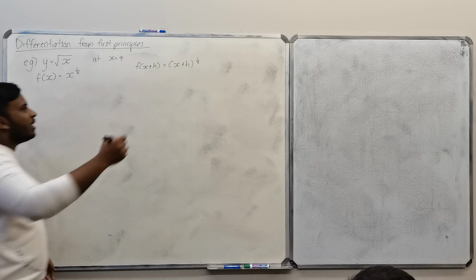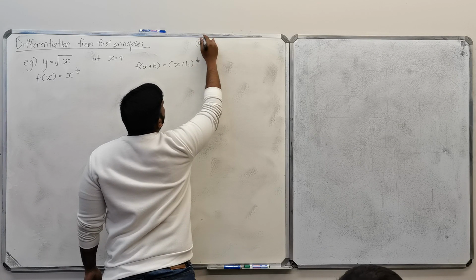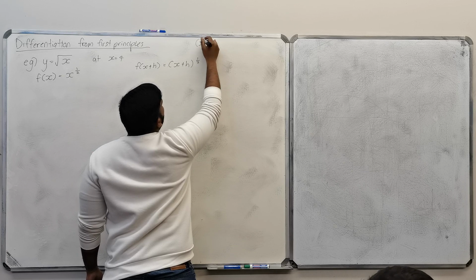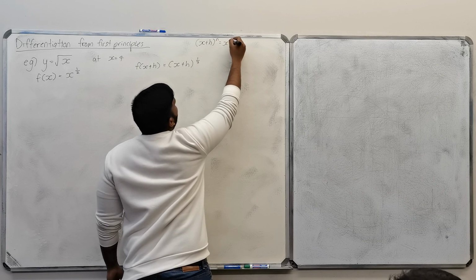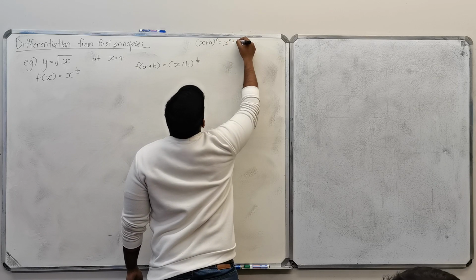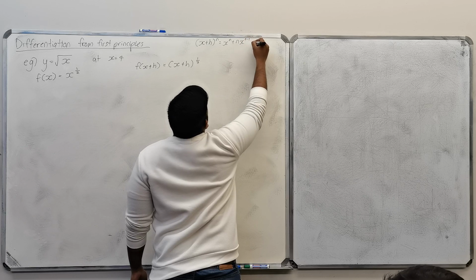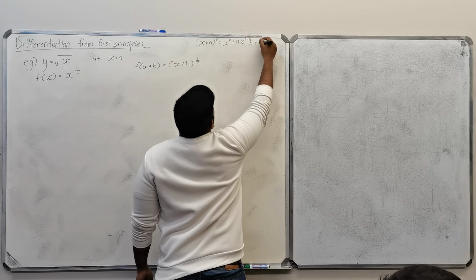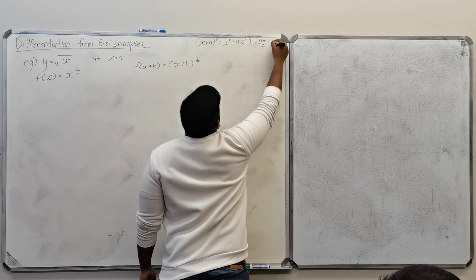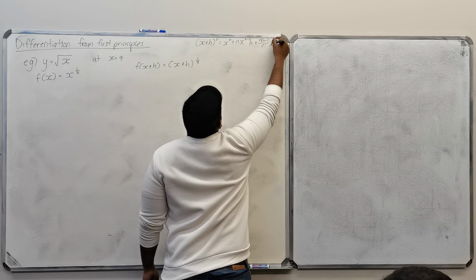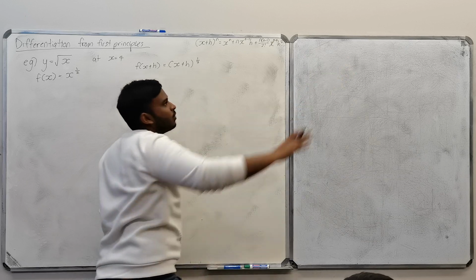Your binomial theorem was: x plus h to the power n is x to the power n plus n x to the power n minus 1 h plus n times n minus 1 all over 2 factorial x to the power n minus 2 h squared, and so on.